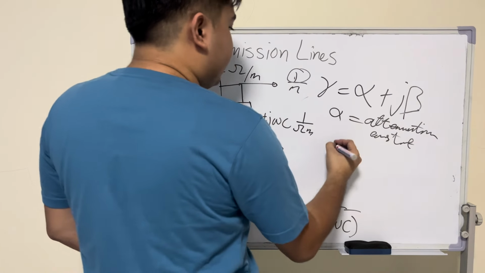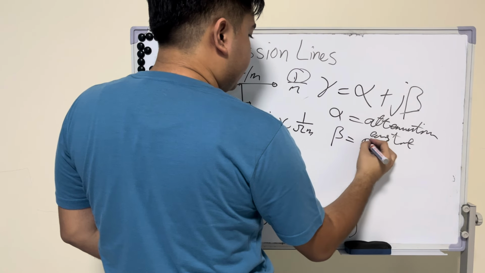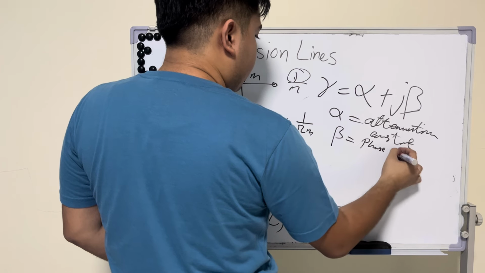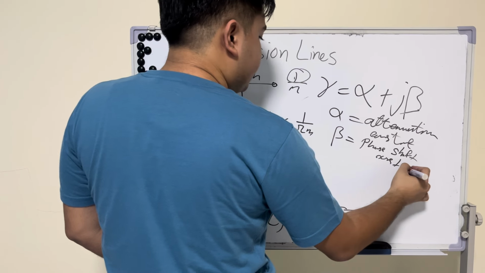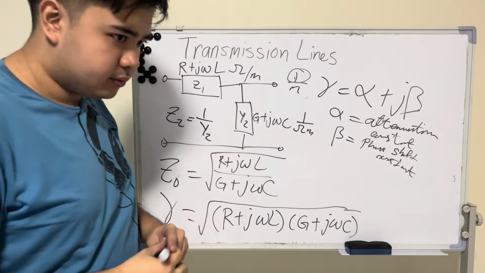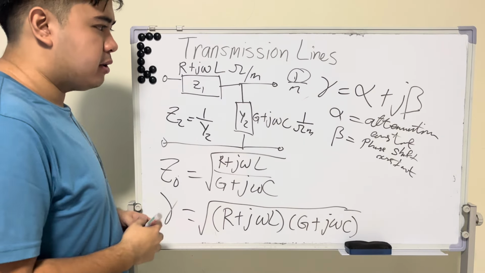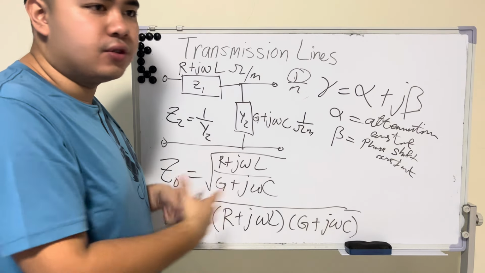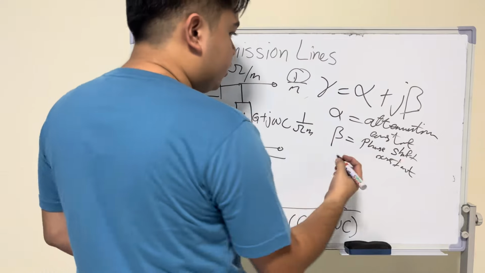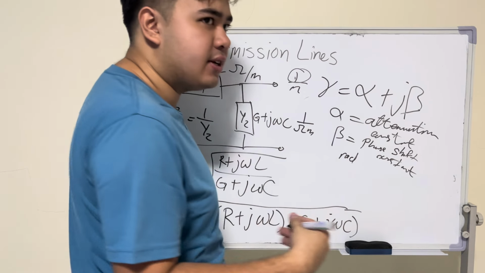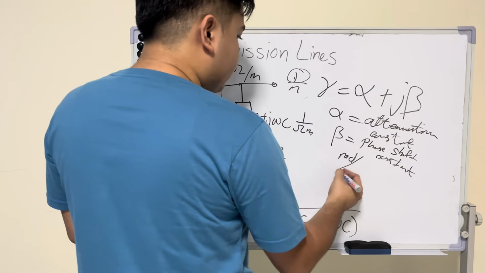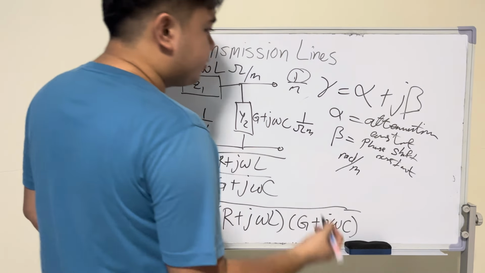Next is beta, or the phase shift constant. The phase shift constant is how much the phase changes over the distance. So the phase shift constant is in radians, which is typically considered unitless, over meter. So radians per meter.